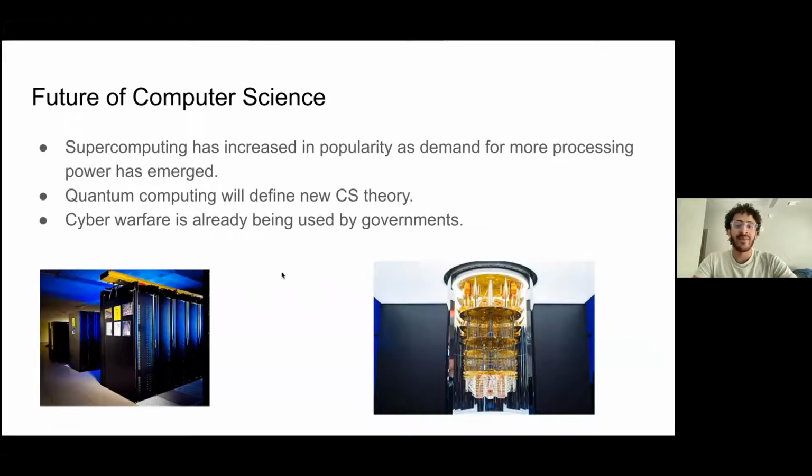However, we've now achieved something even more powerful than that as we delve into the quantum field, and that's quantum computing. Quantum computing will define new computer science theory. What I mean by that is, I should explain why quantum computing will do that.